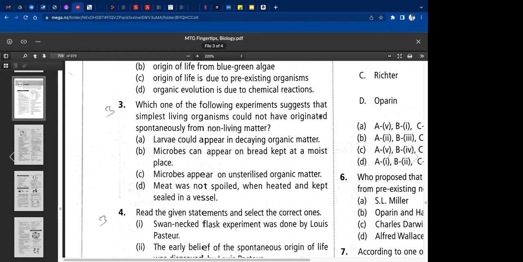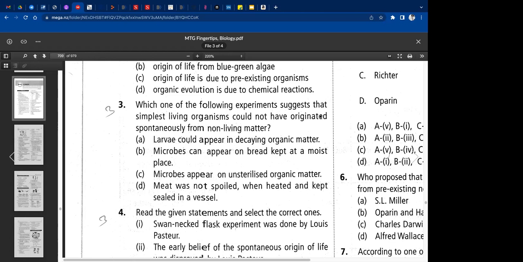Okay, so the correct answer is option D, which says that meat was not spoiled when heated and kept sealed in a vessel, right? The idea was that people used to see that if you keep something somewhere, some larvae or maggots start crawling in that piece of flesh or something edible.